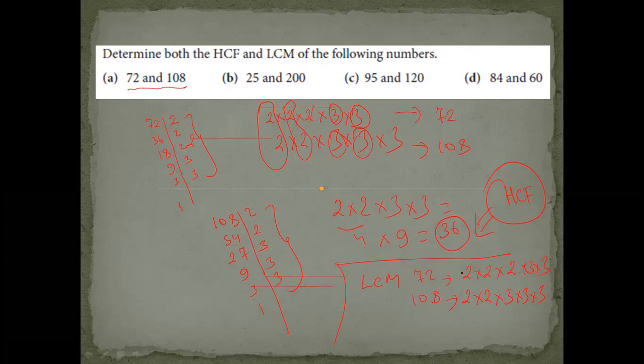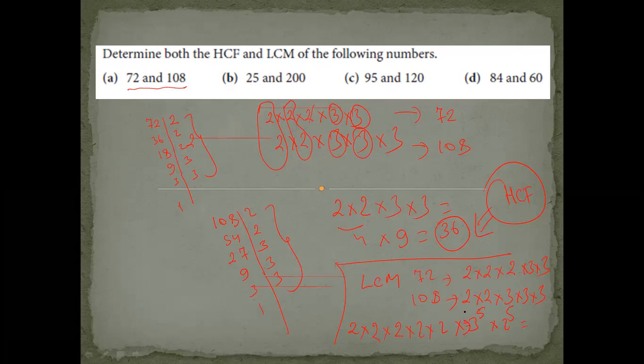Now we can write all of them, we cannot leave any out. How many 2s are there? We have 3 plus 2 is 5, or 2 to the power of 5. And how many 3s? 5 times also, 3 to the power of 5. Okay, right.